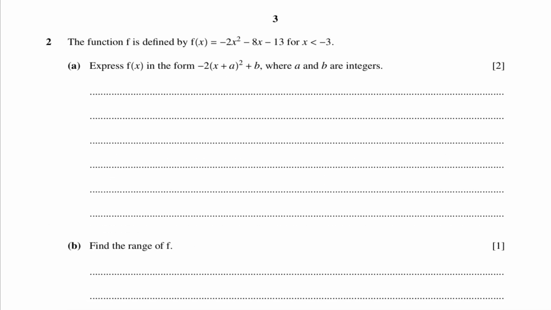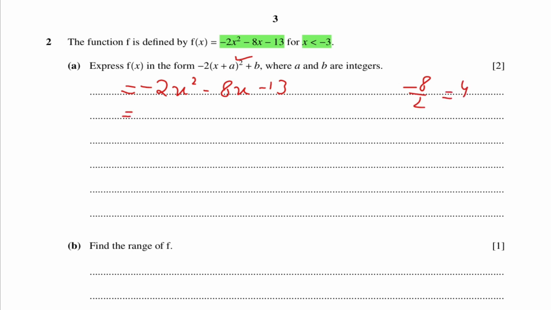Here we are told that the function f is defined by f(x) = −2x² − 8x − 13 for x less than −3. Express f(x) in the form −2(x + a)² + b, where a and b are integers. Whenever we have to convert an expression into square form, we take the term containing x and divide by 2, which gives us 4.